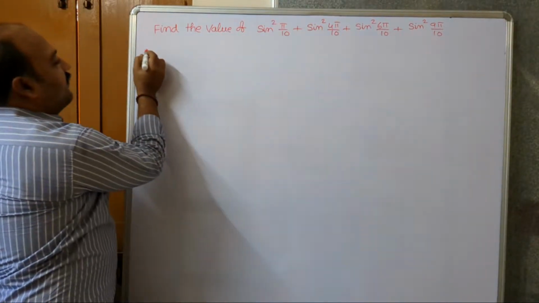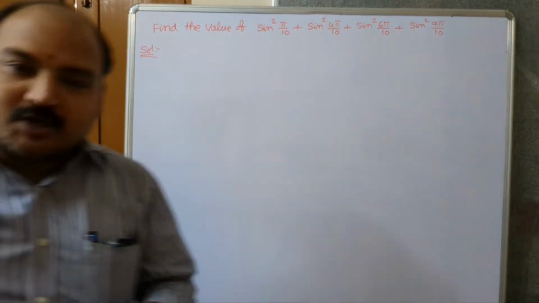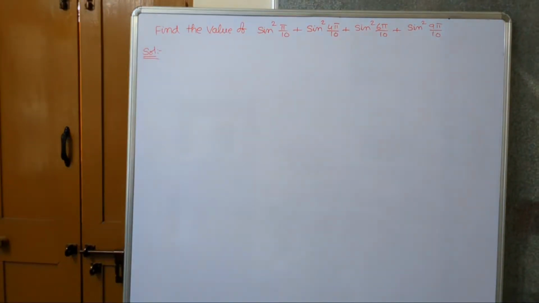So this is to find the value of this one. It's a good question. It may be asked in the intermediate exam, either for 4 marks or 2 marks. They may ask the students.